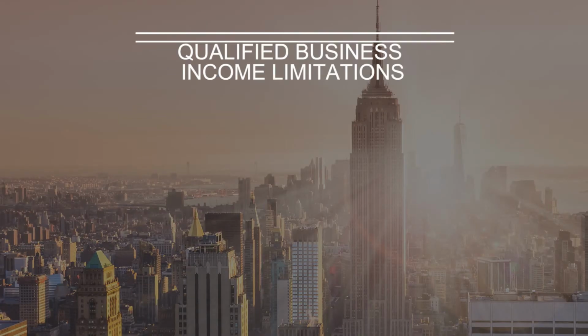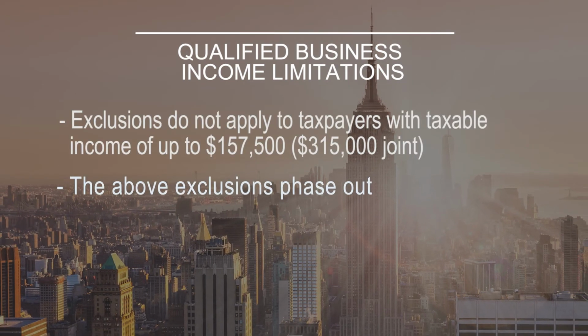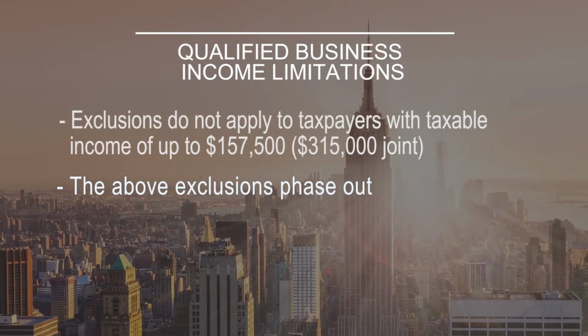It's worth adding that the $157,500 and $315,000 numbers do have phase-outs. If you're $50,000 above the $157,500, the benefit of not being subject to the various W-2 limitations, complicated formula, and the carve-out for the bad businesses, the specified service businesses, is lost.